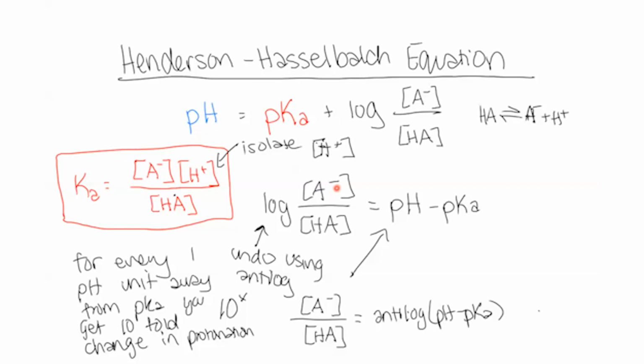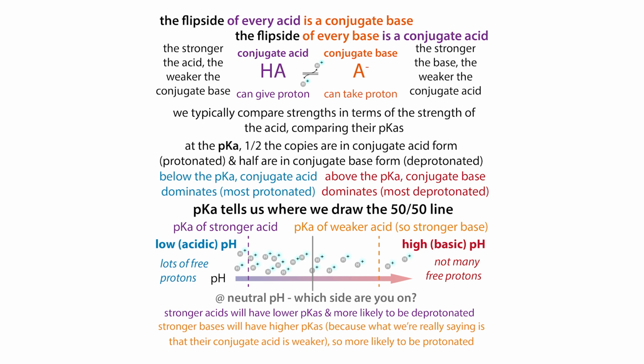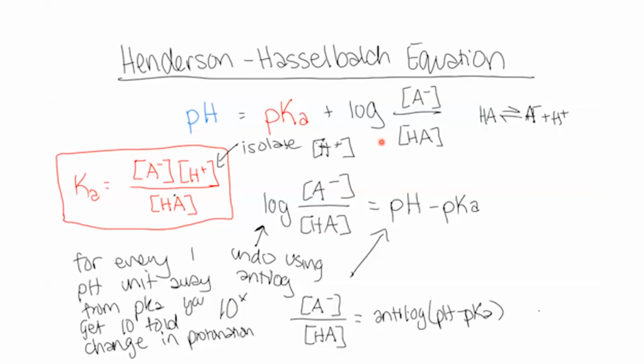If you go 1 pH unit below the pKa, you're going to have 10 times more of this HA. And this is all because we're talking about a log 10 scale. Remember that with log 10, each change of 1 is like a 10-fold change. And so this is why we get a change of 10. And this is all encompassed in this key equation, the Henderson-Hasselbalch equation.